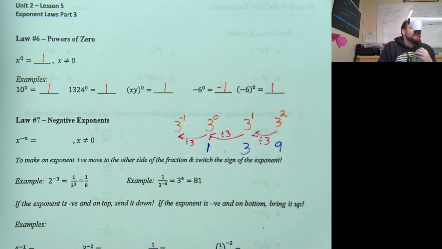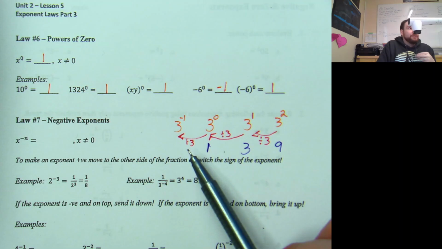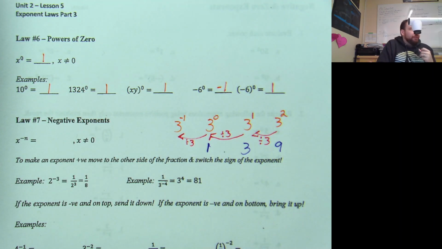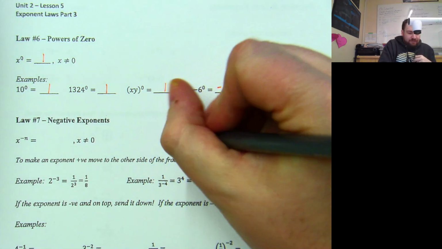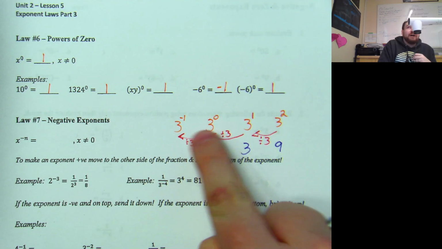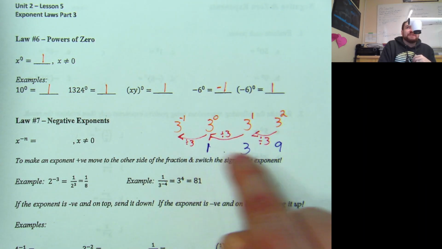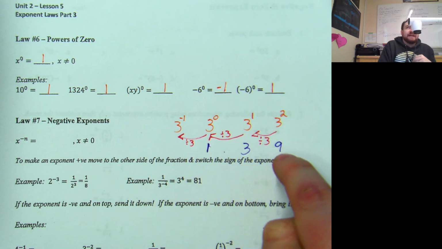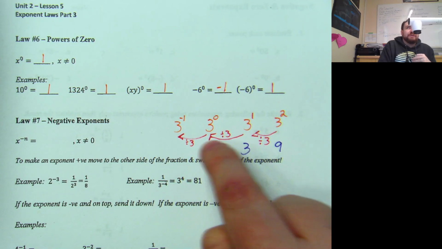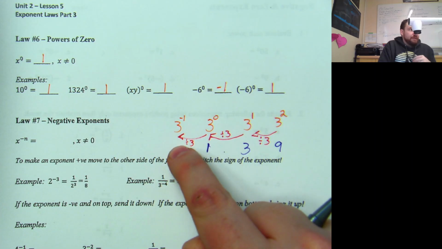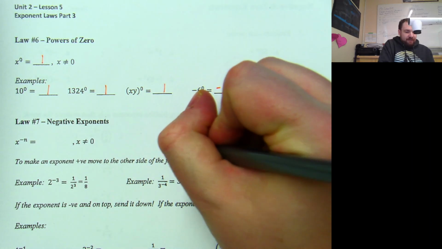I want you to write it as a fraction, for reasons that will become more obvious here in a second. 1 divided by 3 is going to be 1 over 3, yes? So dividing by 3 on this orange line knocks my exponent down by 1. Dividing by 3 on this blue line down here at the bottom, 9 divided by 3 was 3. 3 divided by 3 was 1. 1 divided by 3 is just the fraction 1 over 3. Yes? Are we cool with that?